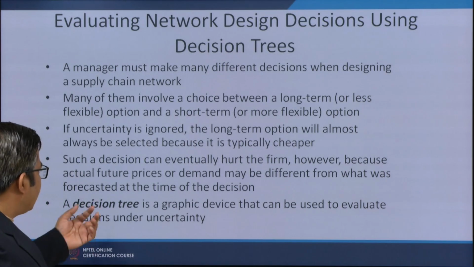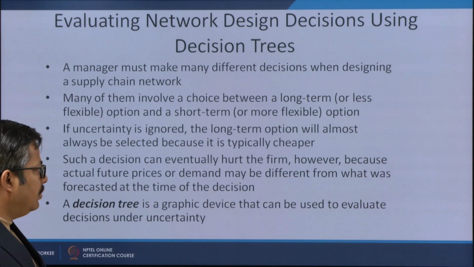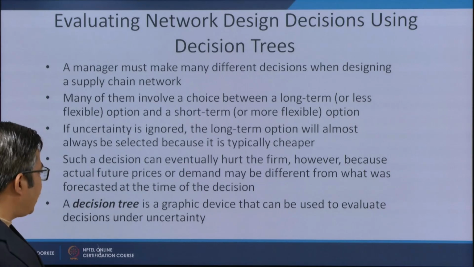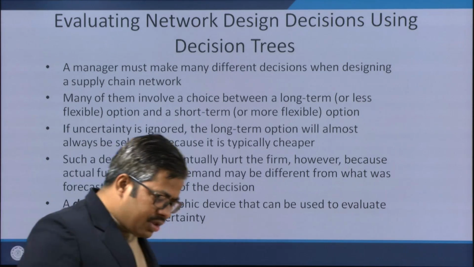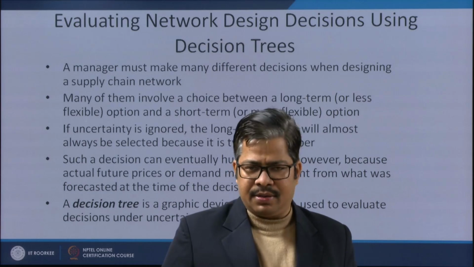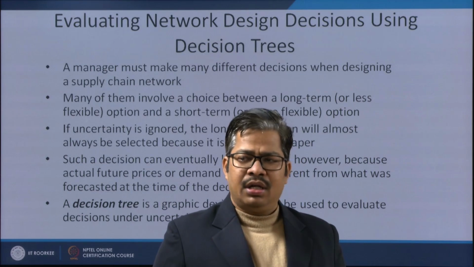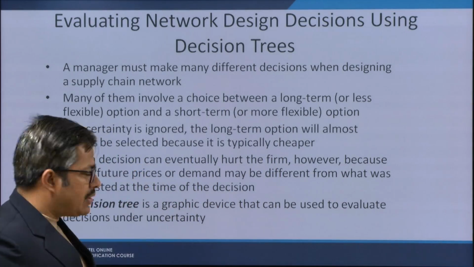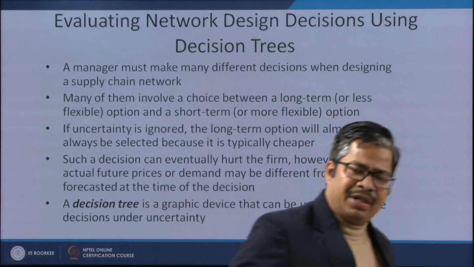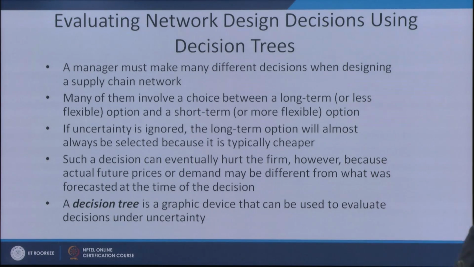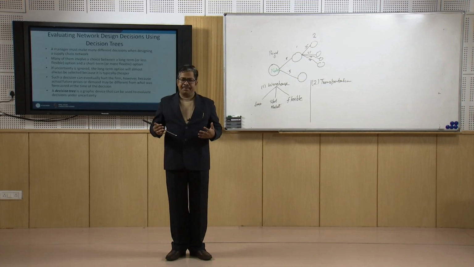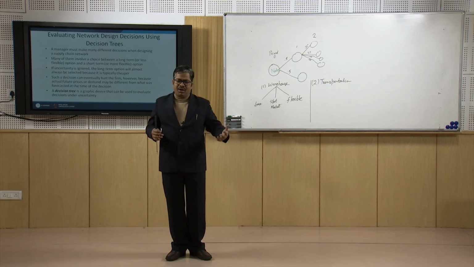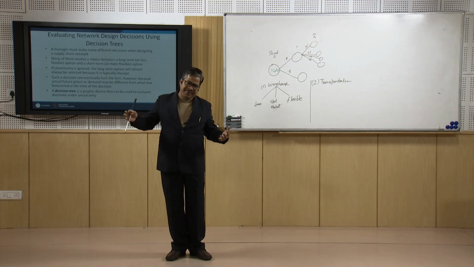Such a decision can eventually hurt the firm, however, because actual future prices or demand may be different from what was forecasted at the time of the decision. Because uncertainty is going to be there, you cannot eliminate uncertainty, and if uncertainty is going to be there, certainly these types of decisions which initially we thought are cheaper may end up in a very costly affair for the company, because there will be changes in the demand, there will be changes in the prices, there will be fluctuations of inflation rate, there will be fluctuations of exchange rates.